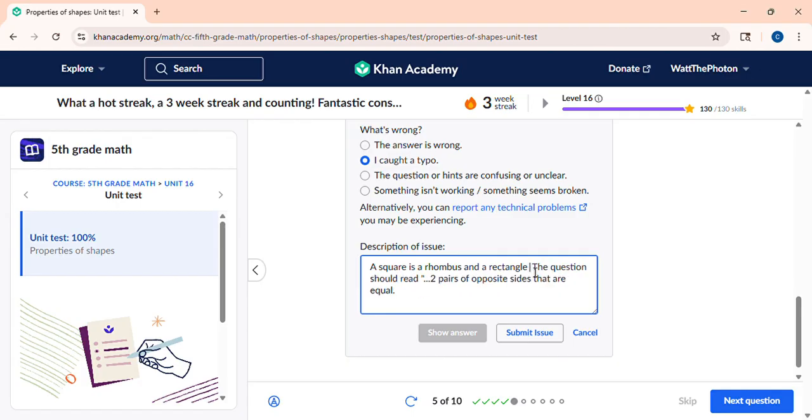It should disprove the answer. A square is a rhombus and a rectangle. This should disprove.